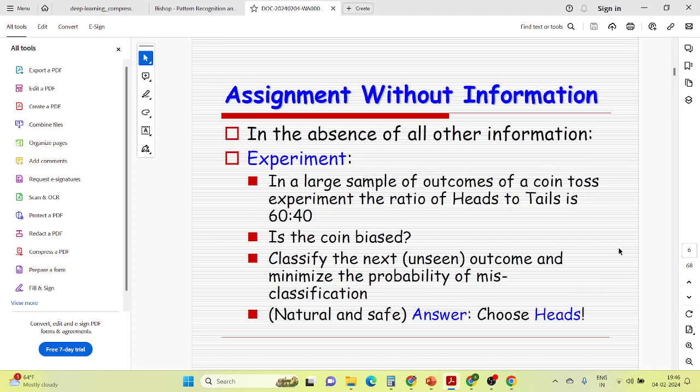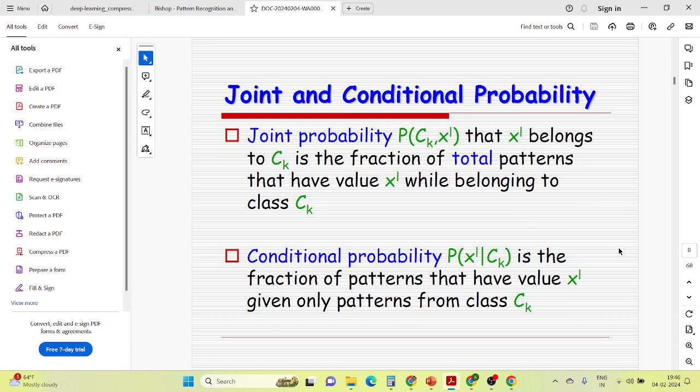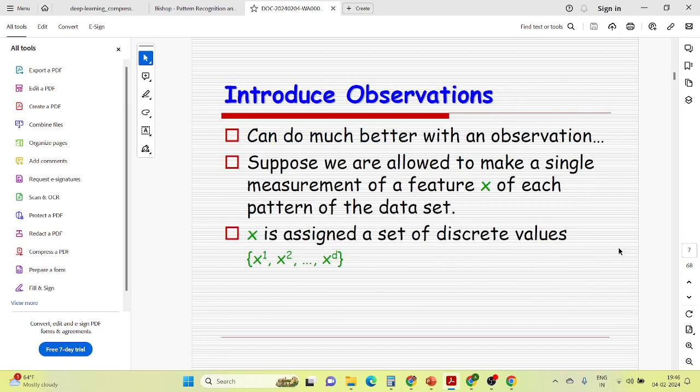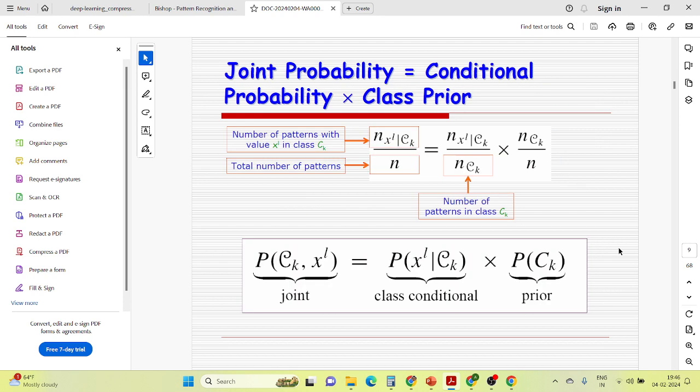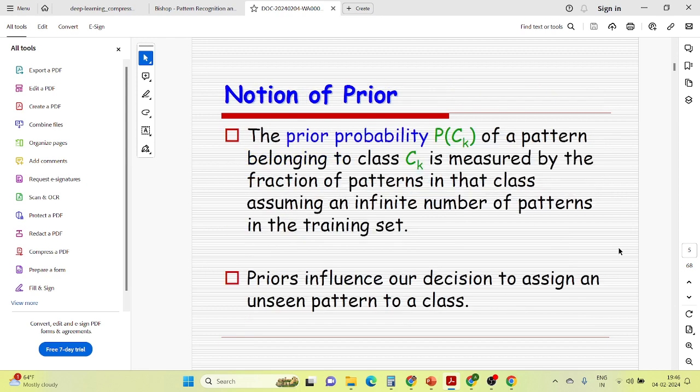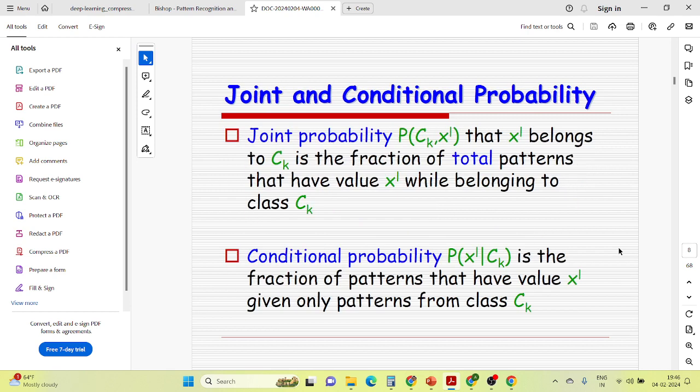Prior and likelihood. So let's understand. First let's start from here.